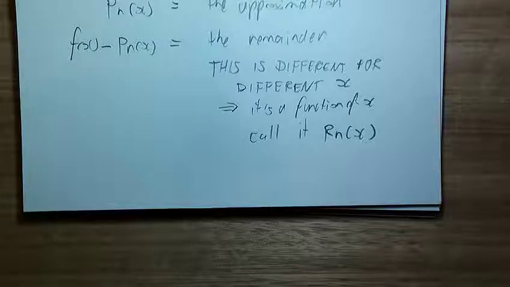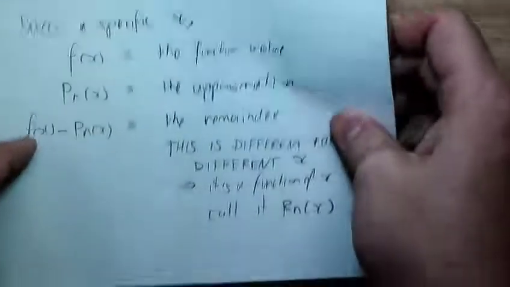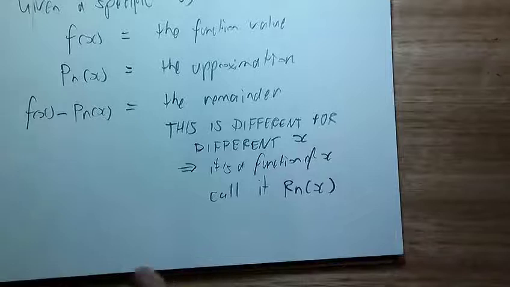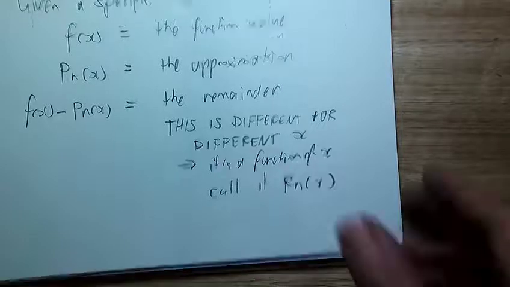That's a problem. So we are going to figure out how far my approximation is from the real answer, but we're going to have to approximate how far the approximation is from the real answer. That's the big problem.